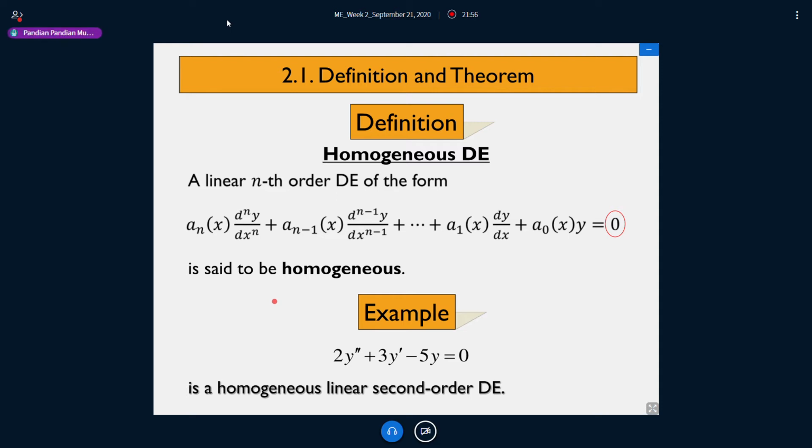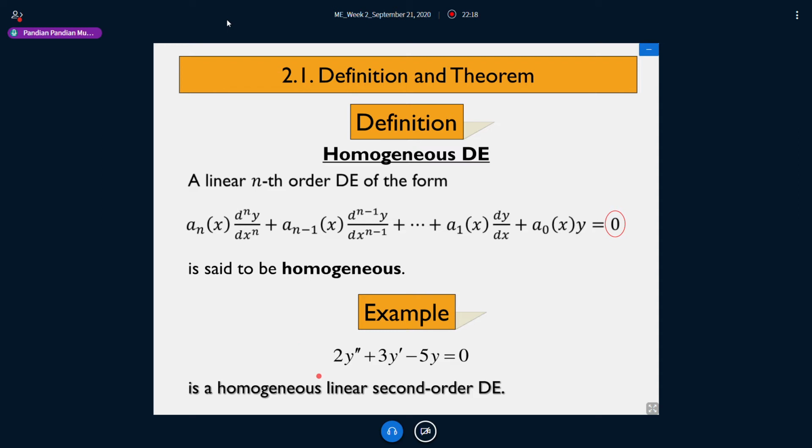Actually, we call this a linear homogeneous differential equation. Example, you see this example, in this case your n is 2. So we call it a linear second order differential equation.